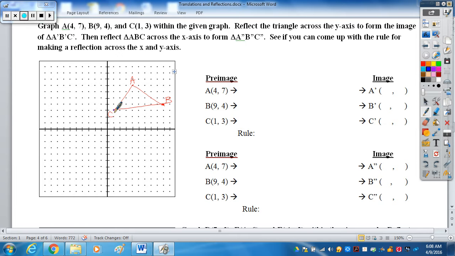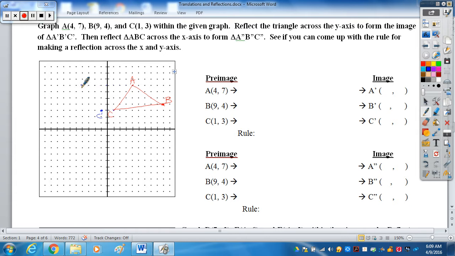If I count this distance from here to here, the line of reflection, that's 1 unit over. Now you'll notice that that's a perpendicular distance, perpendicular to the line of reflection. So 1 unit over, and I go 1 unit on the other side, there's where C prime will lie, okay? If I do the same thing with A, 1, 2, 3, 4, okay, that's the distance from A to the line of reflection, perpendicular distance.